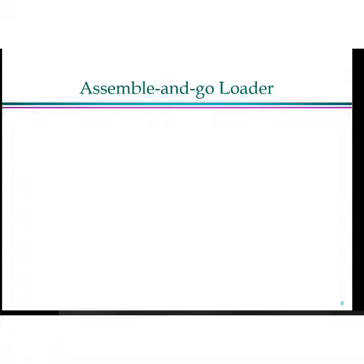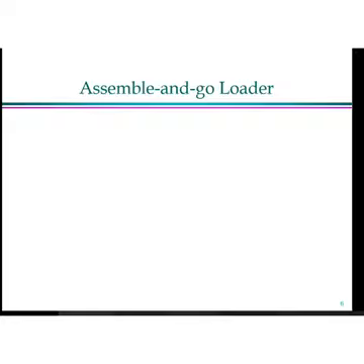Translation of the assembly program to machine code is done with the help of the assembler, and the assembler itself has the ability to load that program. So your translation and loading are done by a single piece of software, that is the assemble and go loader. The loading job is added in the assembler code itself. That's why the name is given assemble and go loader.